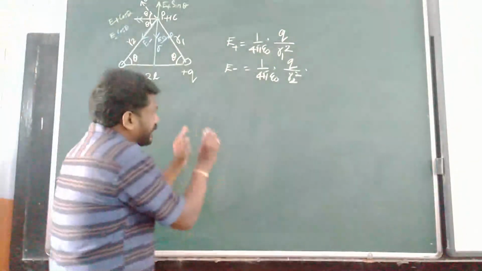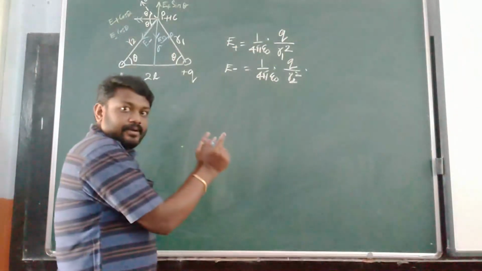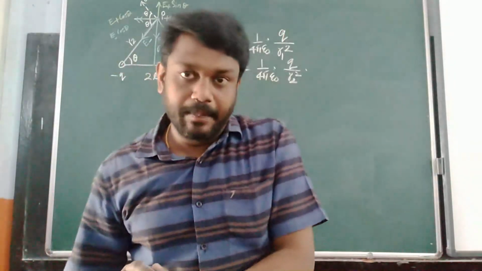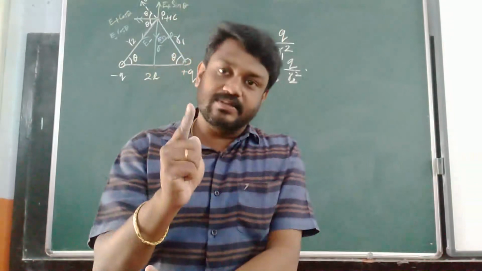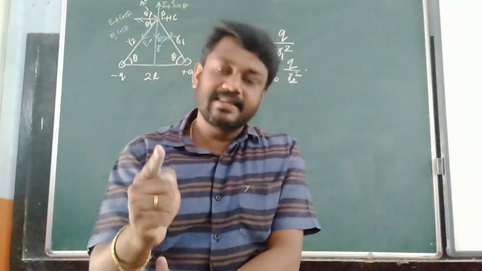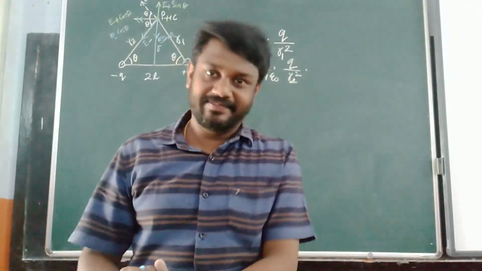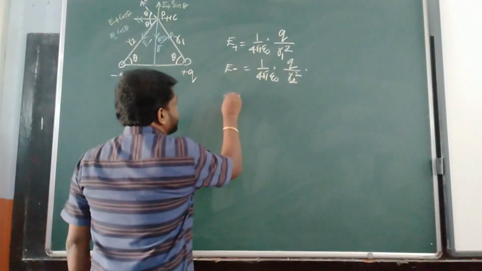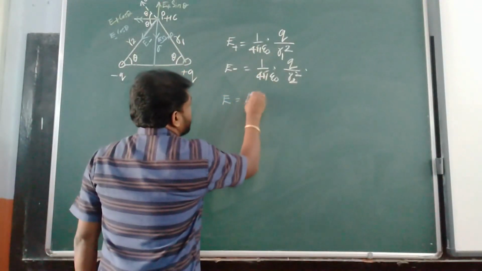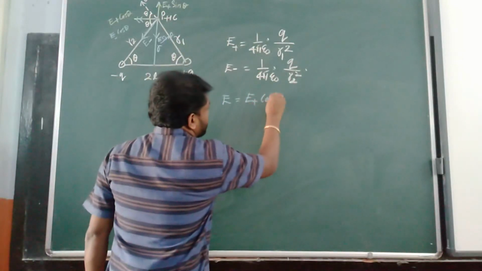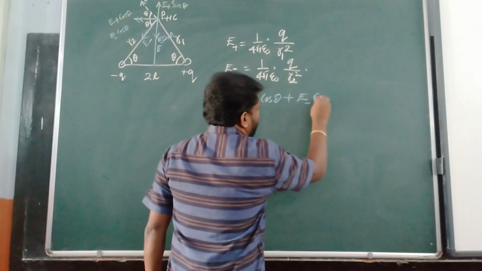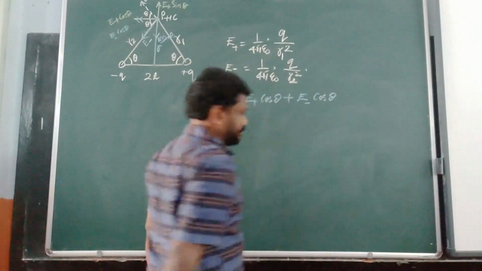So the net effect of E plus and E minus at the required point is E plus cos theta plus E minus cos theta. The net electric field E is equal to E plus cos theta plus E minus cos theta.